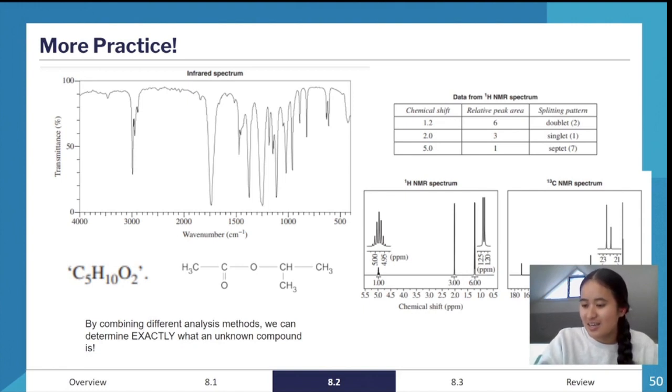Anyway, basically, if we look at the CNMR spectrum first, we'll see that there are 4, and here we can count 4 unique carbon environments. So first we have this one. This one is just a C that's connected to another C that's connected to 2 O's. So that's 1. This is another unique carbon environment here.